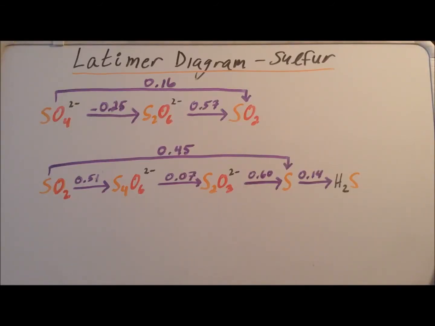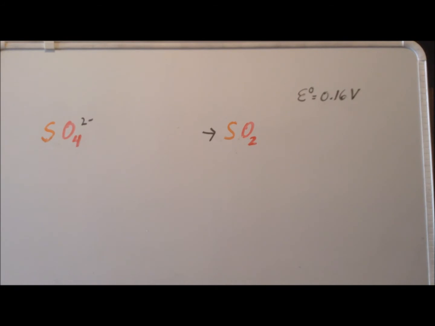The third reduction that we are going to look at is the reduction from sulfate directly to sulfur dioxide in a single step. Now we look at the step in the Latimer diagram where we go directly from sulfate ion and reduce it directly to sulfur dioxide gas.